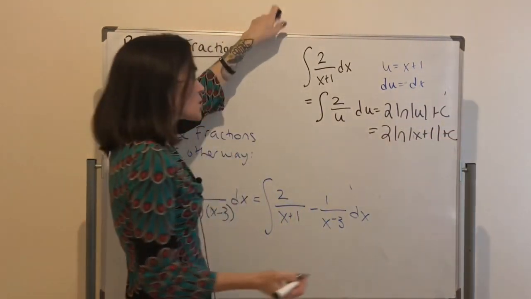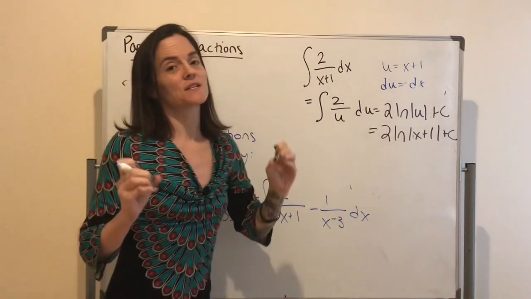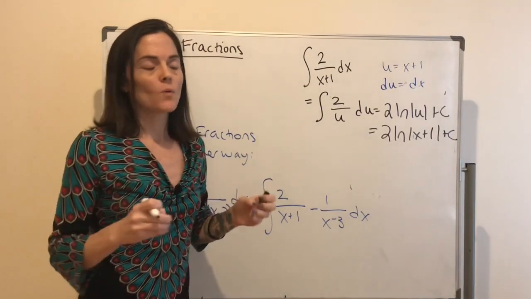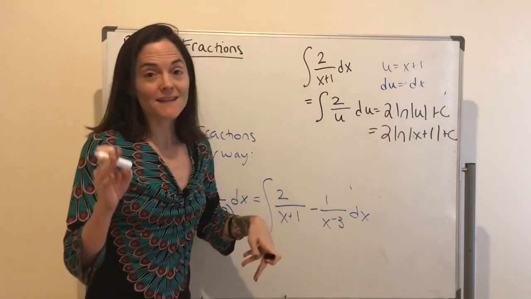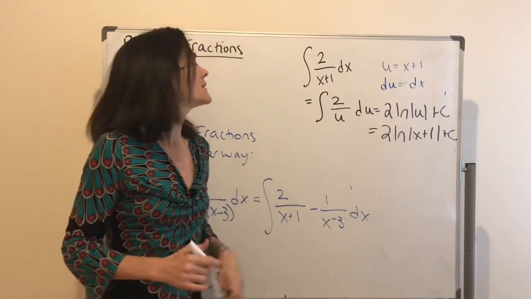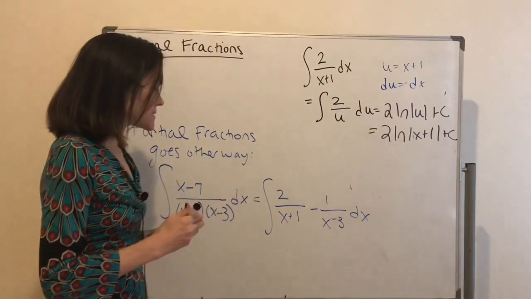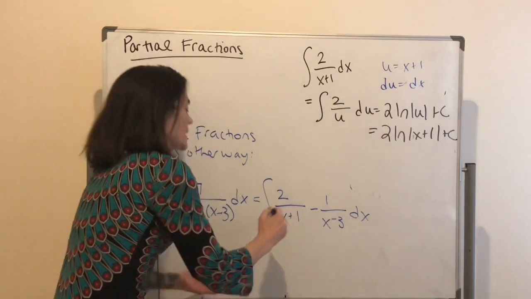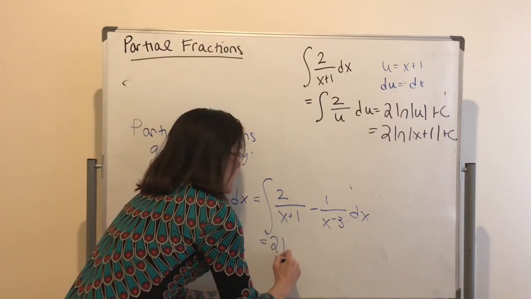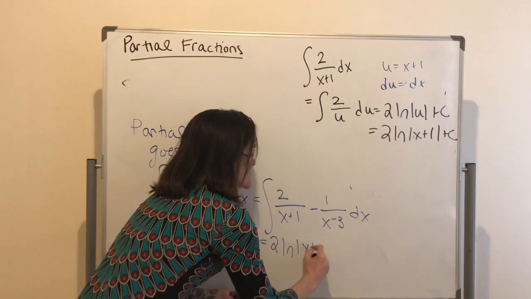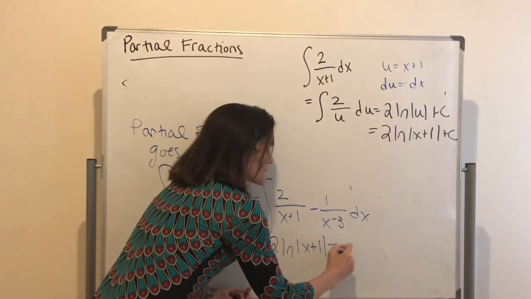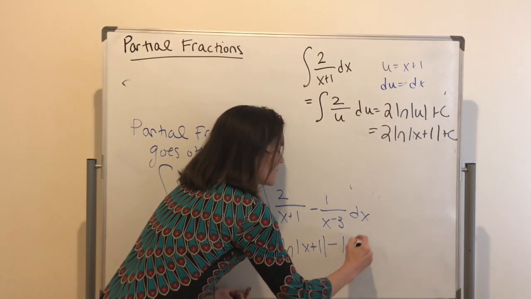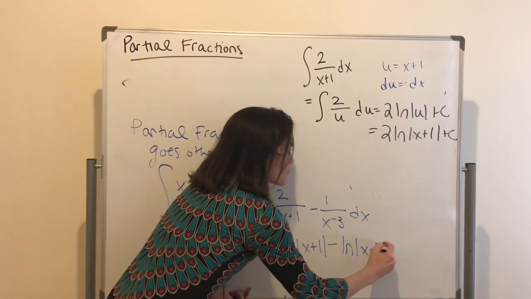Okay. So anytime I have an inside function that has derivative 1, which will either be an x minus a constant or x plus a constant, I won't take the time to write out the steps of substitution. So back to this problem, here I would get 2 ln absolute value x plus 1. This we actually did write the steps for, but this one, it's minus ln absolute value x minus 3, okay?